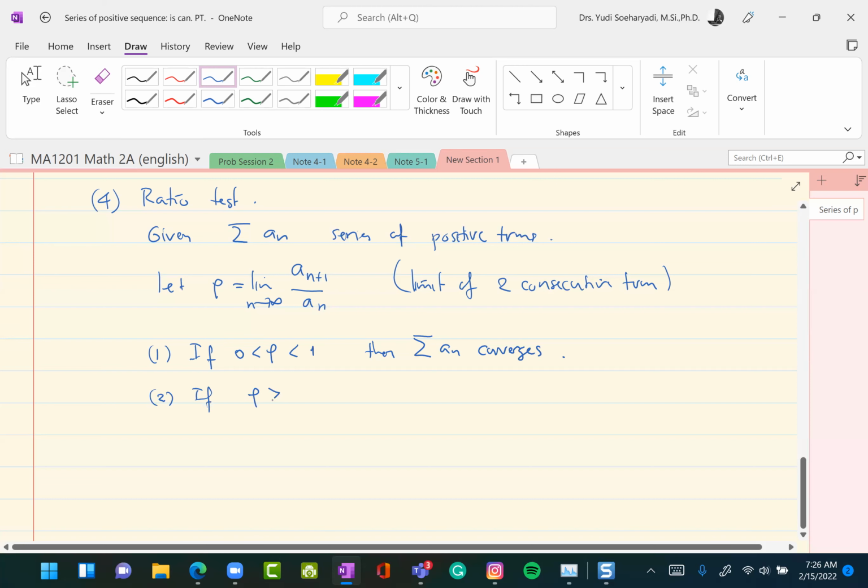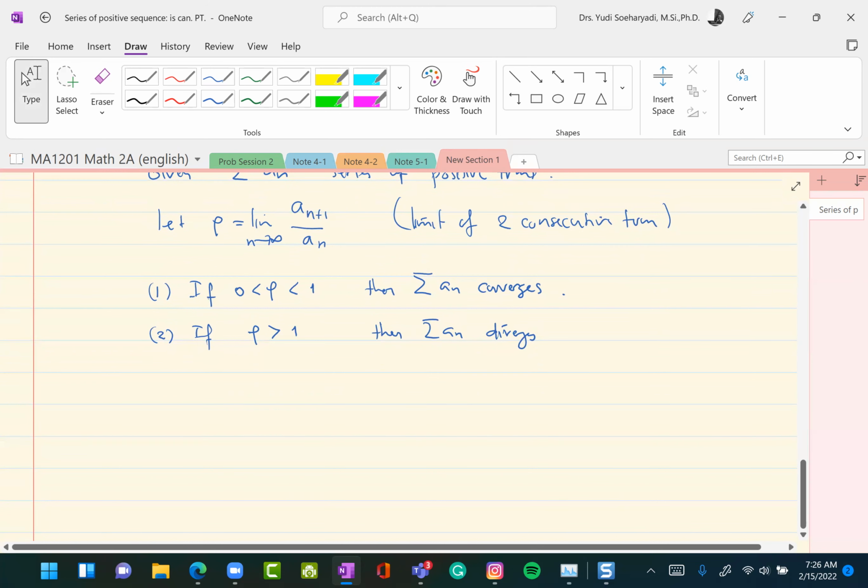If rho is bigger than 1, then it diverges. It's a good thing because you know the case where it converges and also where it diverges. And the third one, the critical case, is that if rho is 1, then there's no conclusion from this test.